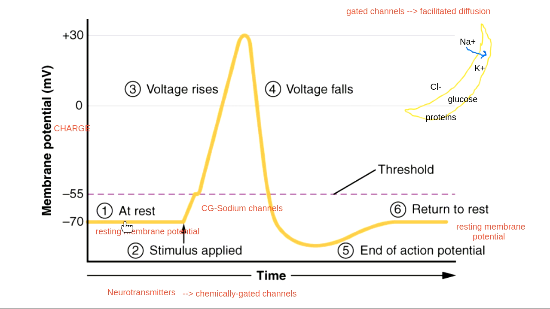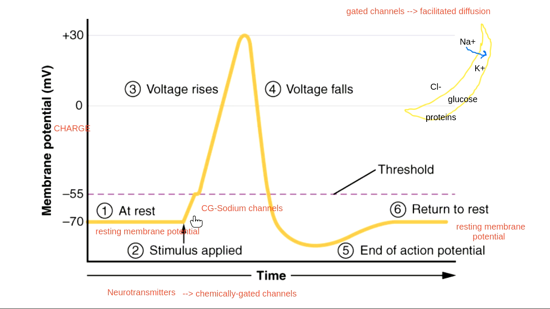When I let in a bunch of extra sodiums, because I opened a chemically gated sodium channel, sodium rushes in and in. Suddenly I've got a whole bunch more positives inside my cell. Because sodium's a cation, and because it's more concentrated outside than inside, when I open up a channel for it, it rushes into the cell and makes the plasma membrane more positive.